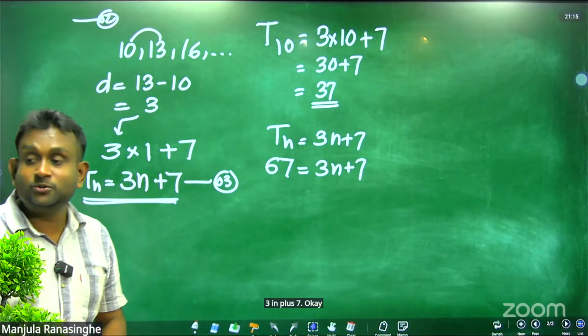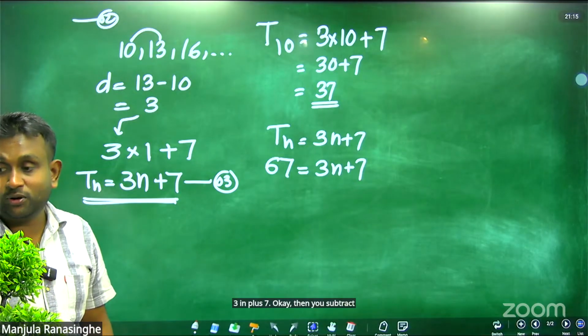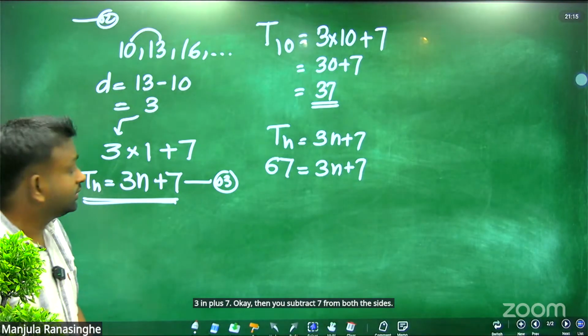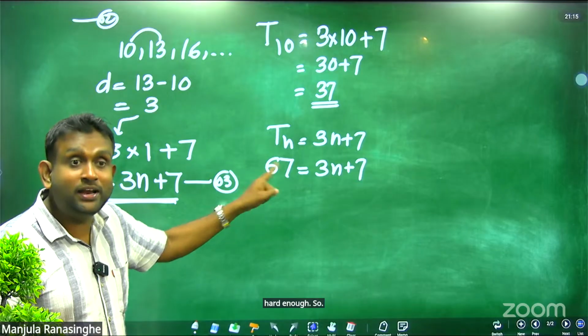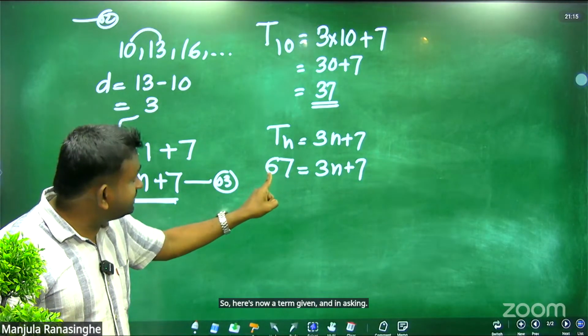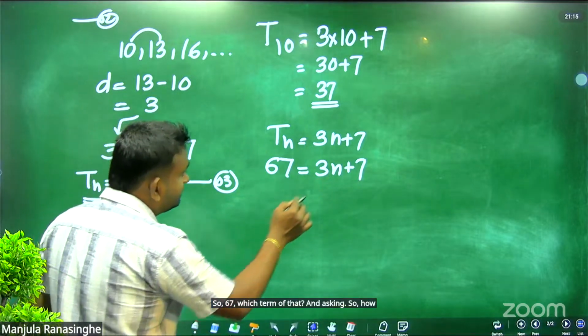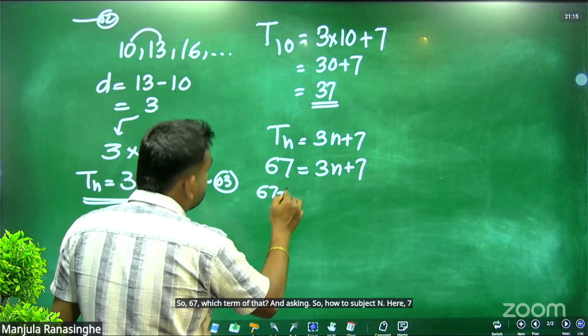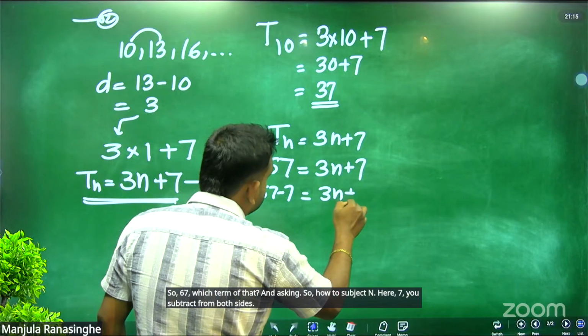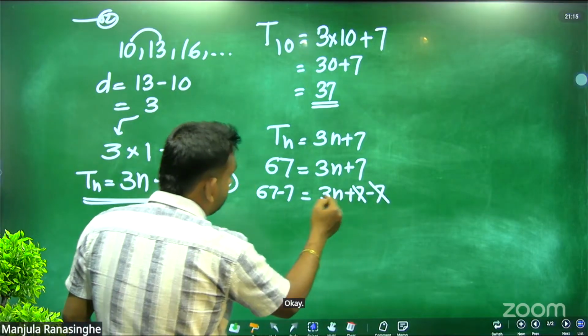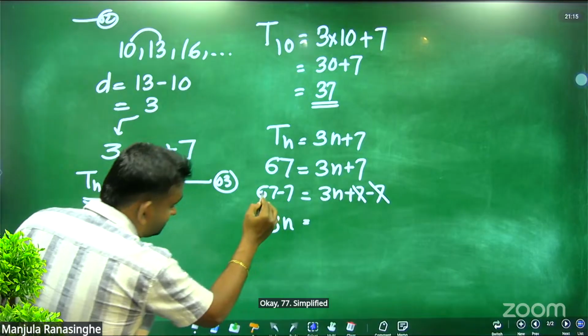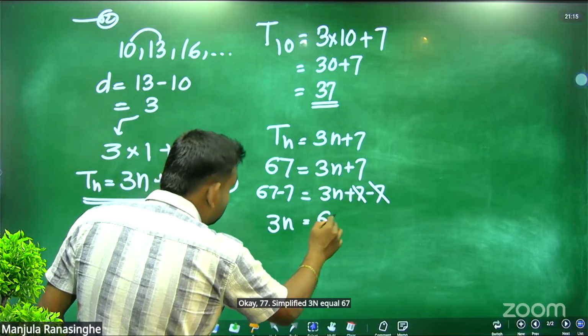The term is given and n is asked, so subtract 7 from both sides: 3n equals 67 minus 7, which is 60.